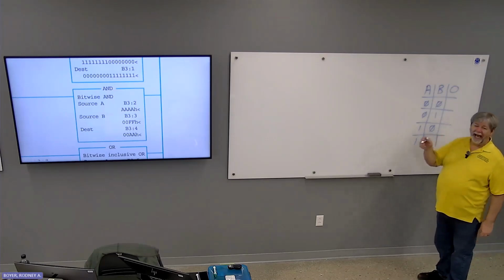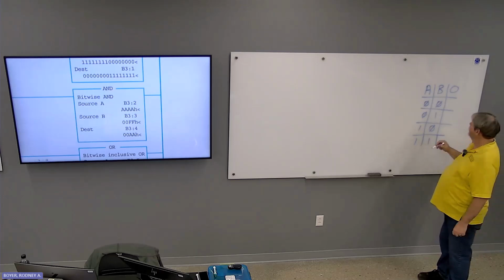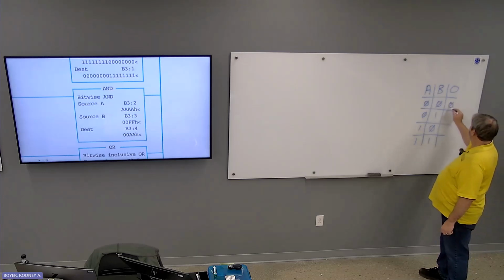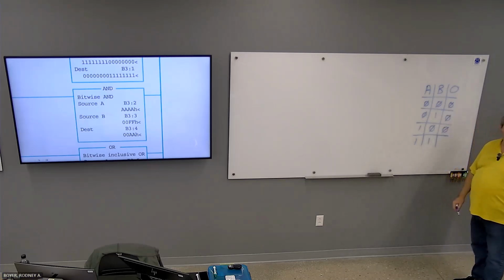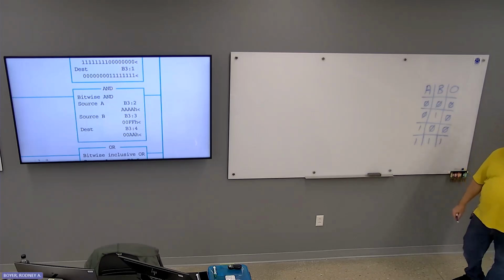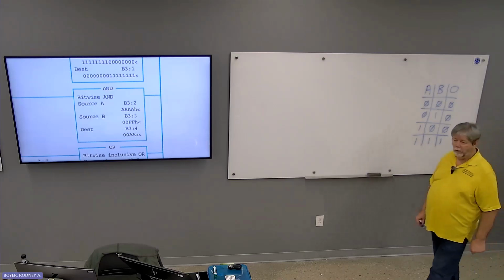It's A and B to get a 1. So if A or B is a 0, then your output's a 0. Only when they are both 1s do you get a 1 for the output.